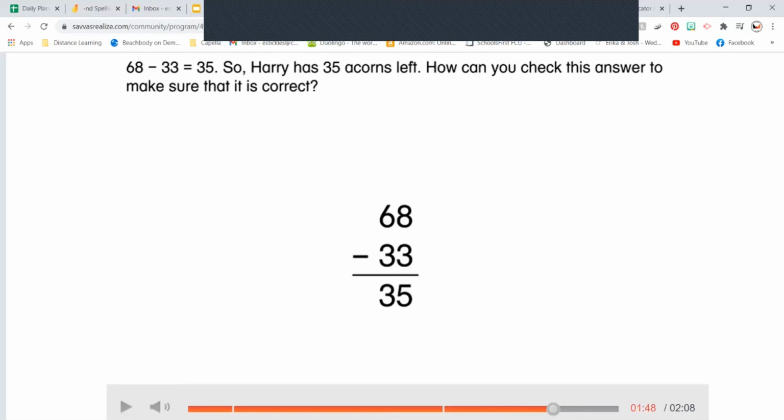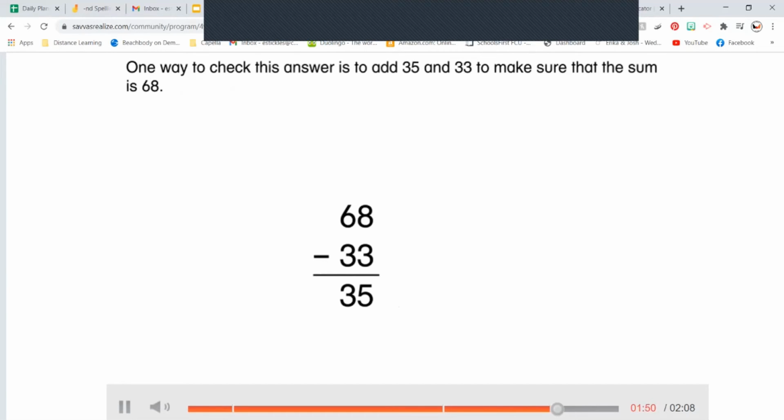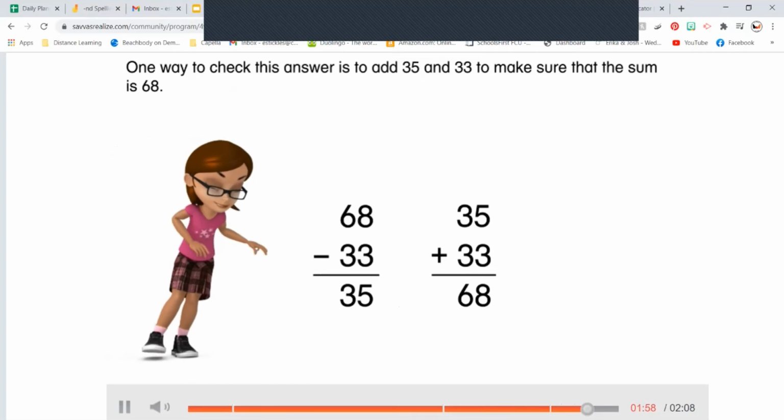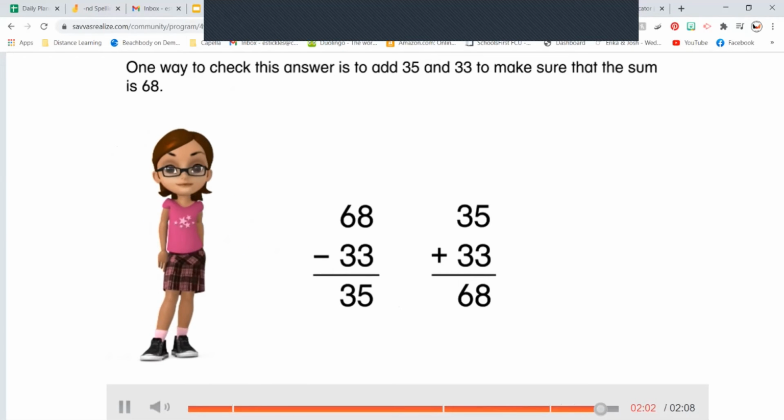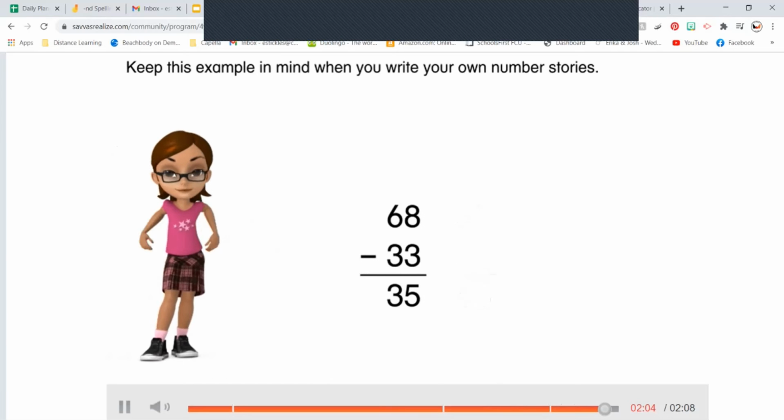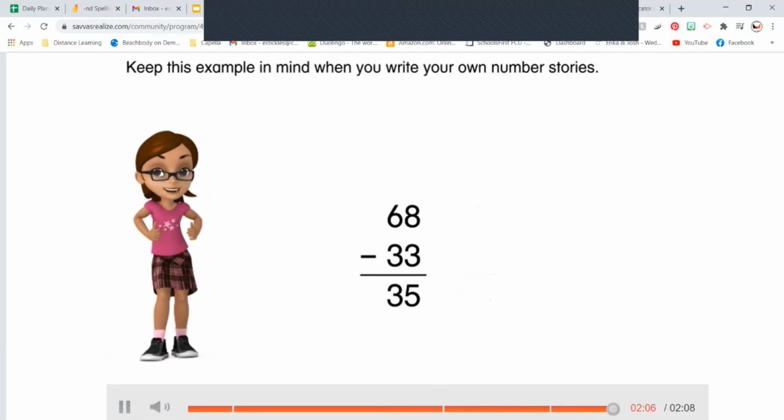And if we get 68, then we did our subtraction correctly. One way to check this answer is to add 35 and 33 to make sure that the sum is 68. The answer is correct. Keep this example in mind when you write your own number stories.